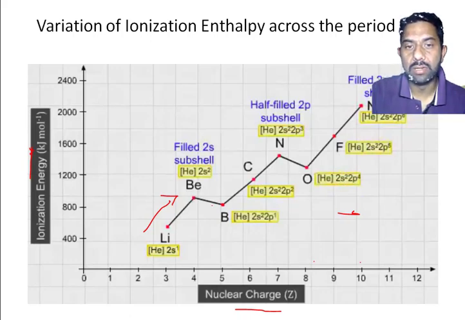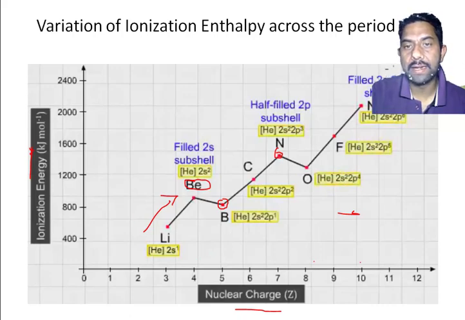But in between, there are certain abnormalities. Beryllium has greater ionization enthalpy, but as we move from beryllium to boron, the nuclear charge increases, so therefore boron should have higher ionization enthalpy. So this is abnormal behavior. In the same manner, from nitrogen to oxygen, oxygen should have higher ionization enthalpy, but it has lower ionization enthalpy.